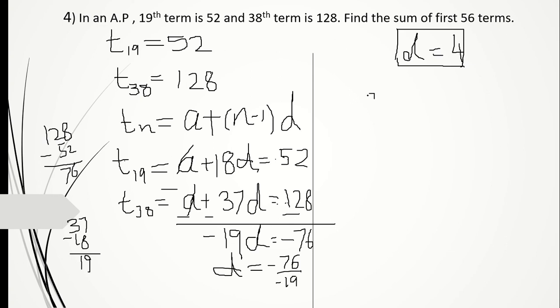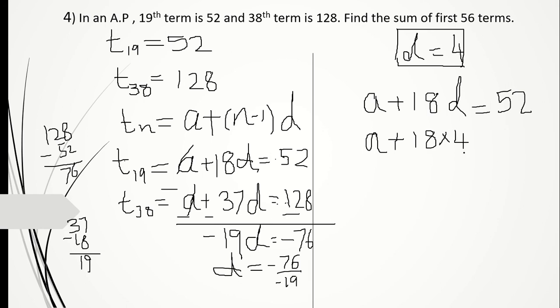So we can put it in the first one: a plus 18d is equal to 52. Now put the value of d over there: a plus 18 into 4 is equal to 52.